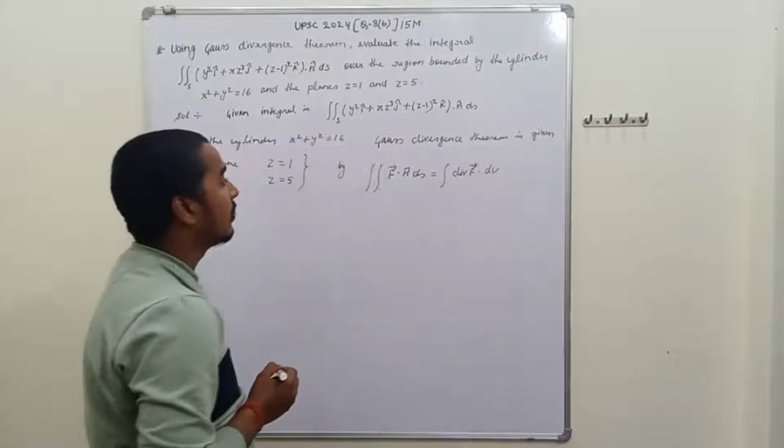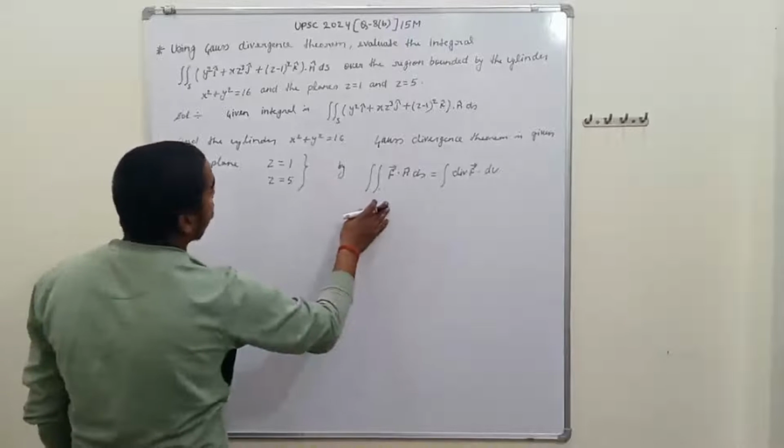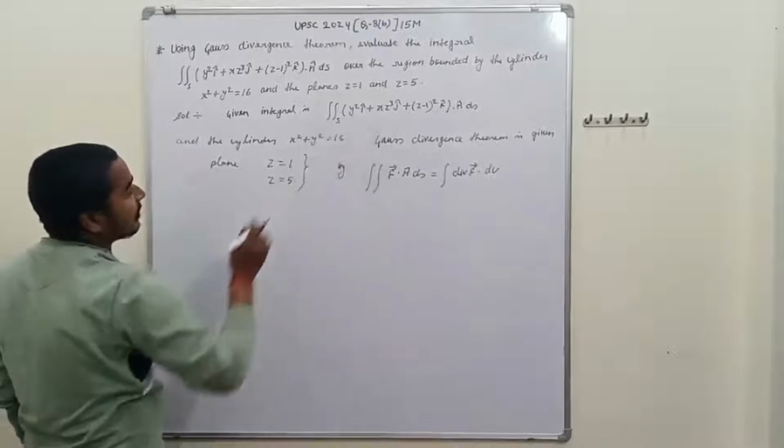This is the Gauss divergence theorem, and from here we have to compare with the given integral.